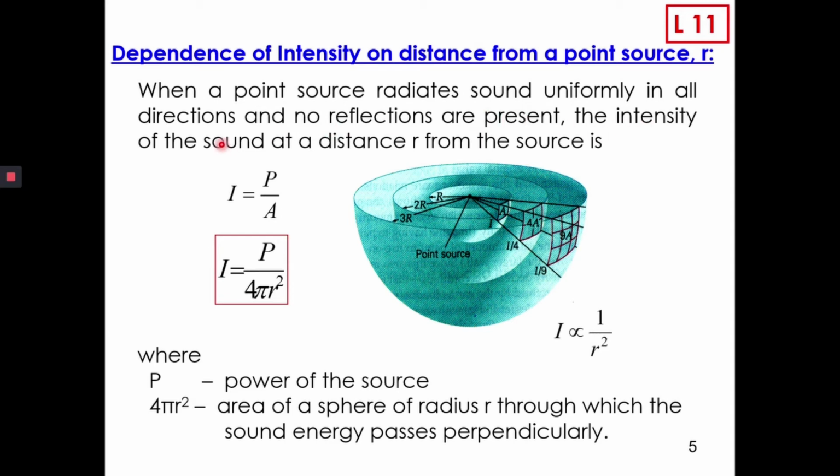The intensity of the sound at a distance r from the source is, from I equals power divided by area, and for the area we use the formula for the area of a sphere. So I equals power divided by 4 pi r squared.